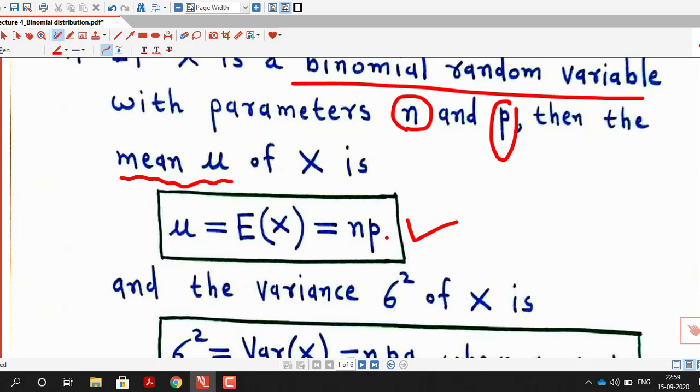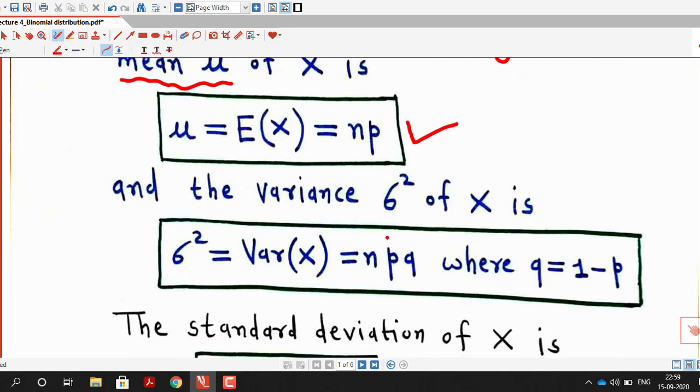And the variance sigma square of this random variable is sigma square equal to n into p into q, where q is nothing but 1 minus p, that is, probability of failure. So sigma square, the variance of a binomial distribution, is number of trials into probability of success into probability of failure.